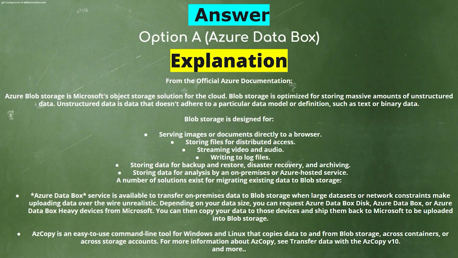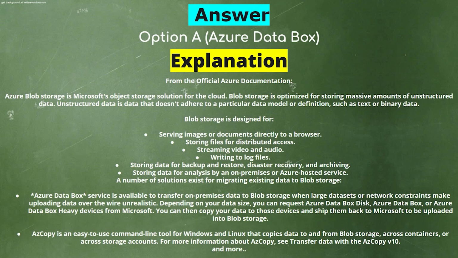Blob storage is designed for serving images or documents directly to a browser, storing files for distributed access, streaming video and audio, writing to log files, storing data for backup and restore, disaster recovery and archiving, storing data for analysis by an on-premises or Azure-hosted service.